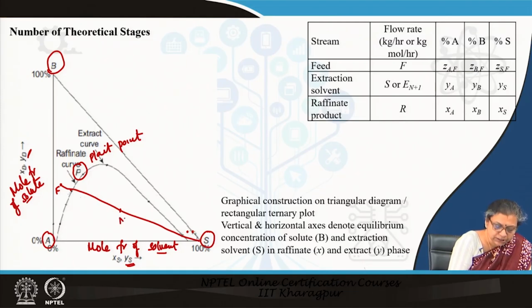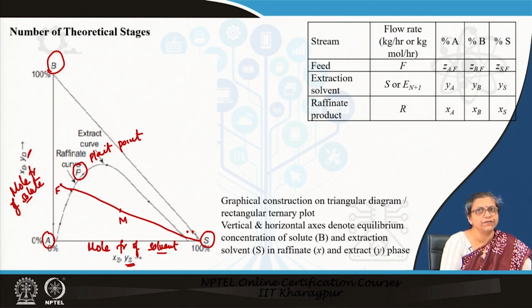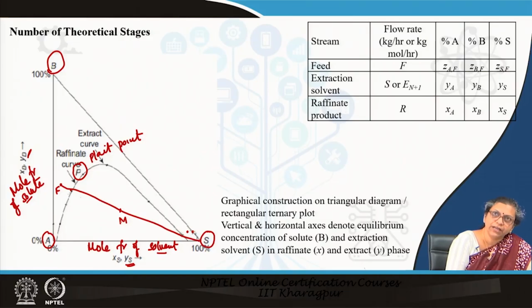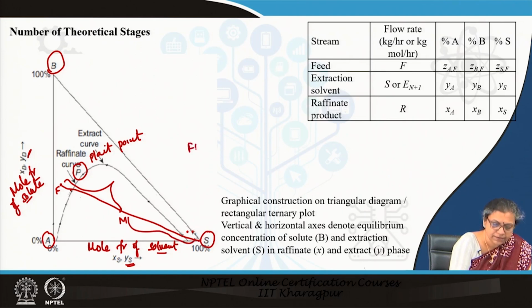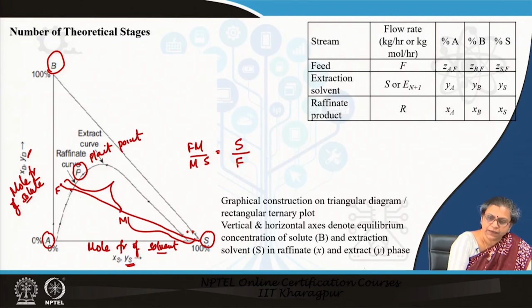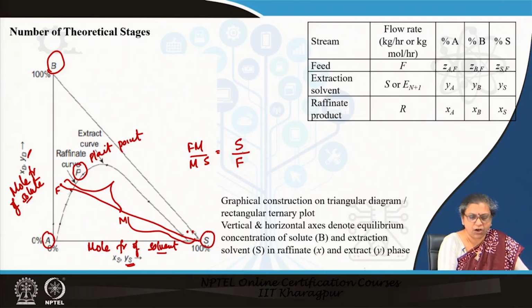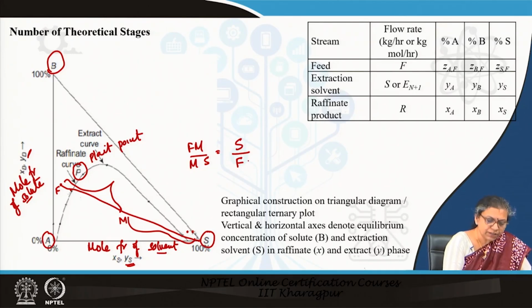So, the mixture point lies somewhere on the FS line, and it depends upon the relative proportion of the feed solution and the solvent solution by the inverse lever rule, or in other words FM divided by MS. This gives you the amount of solvent divided by the amount of feed, both of them taken in kg moles per hour or kg per hour, it does not matter. So, the amount of solvent decides the location of the point M.